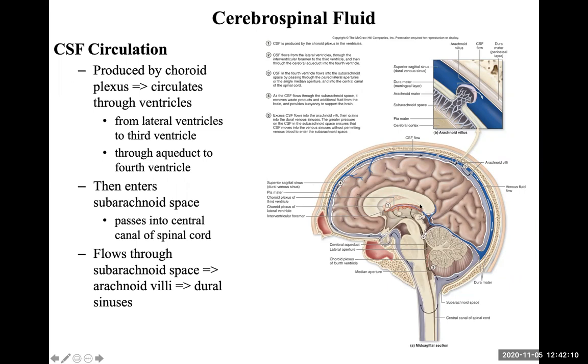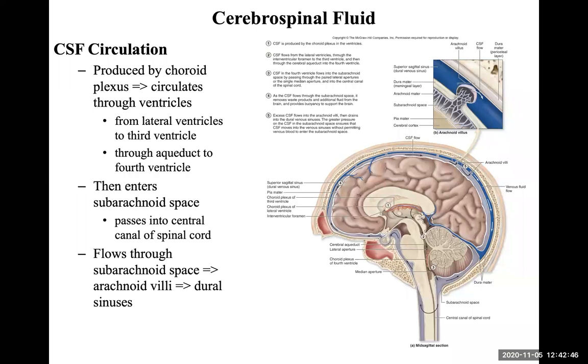It flows from the lateral ventricle, where it is primarily made, through two channels that are associated with cerebrospinal fluid flow. The first is what we call the interventricular foramen, which is called that because it connects the ventricles. So cerebrospinal fluid goes from the lateral ventricle to the third ventricle through the interventricular foramen, and then it flows from the third ventricle to the fourth ventricle through what we call the cerebral aqueduct.